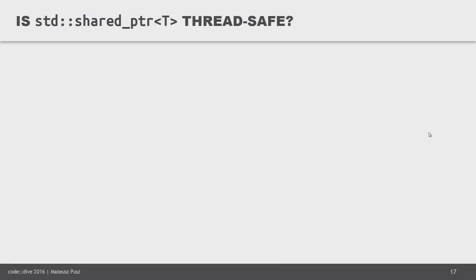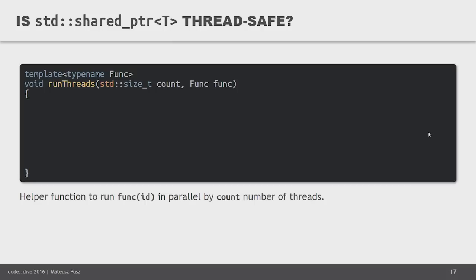First of all, let's ask the question: is the shared pointer thread safe? Does it provide some thread safety guarantees or not? We'll have some simple examples here to show you what the thread safety guarantees are. But for that, we will use a simple utility function. RunThreads will create a count number of threads, and will run a functor in those threads, provided as an argument to the function.